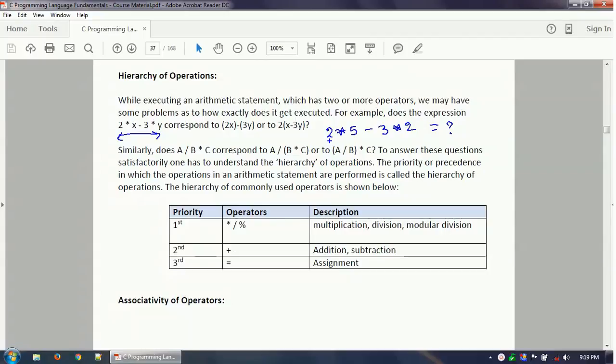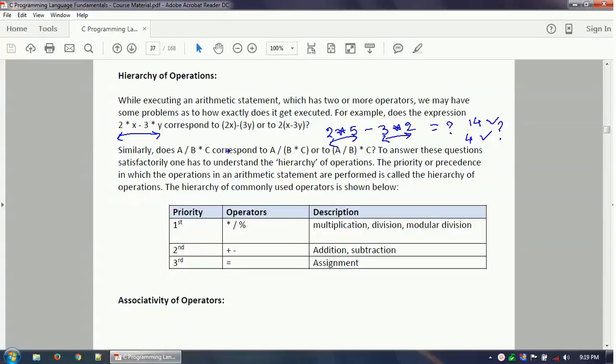Is it going to be 2 into 5, which is 10, minus 3 is 7, into 2 is 14, or is it something like 2 into 5 is 10, and then 3 into 2 is 6, so 10 minus 6 is 4? Which one is correct? That is how the hierarchy of operations comes into picture.